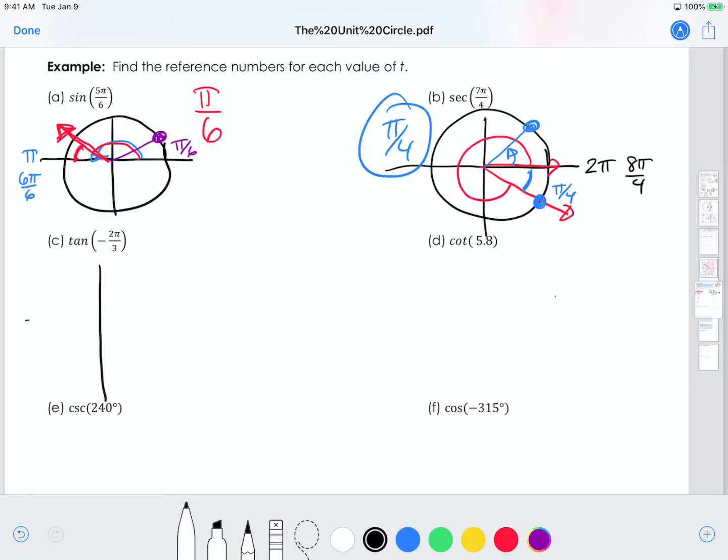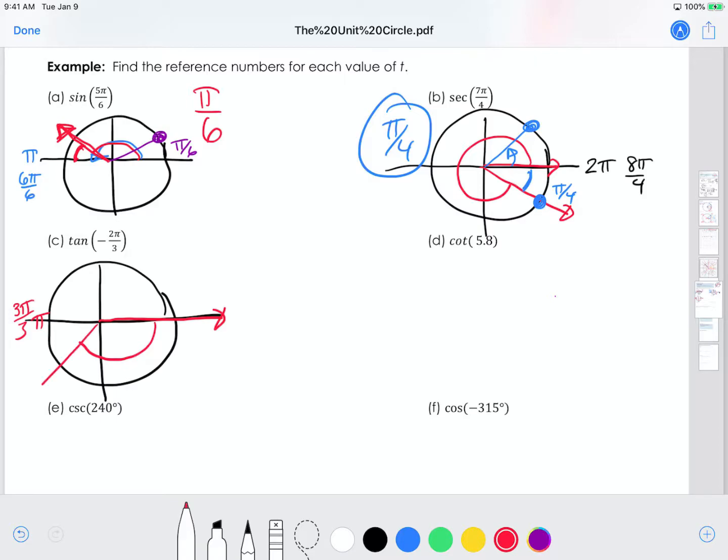For example C, here's my unit circle. 3 pi over 3 is the same as pi. And because this is negative, I'm going to be opening in the clockwise direction. So here's my initial side, and I'm going to open up, but I'm not going to hit negative 3 pi over 3. It's before that. It's negative 2 pi over 3.